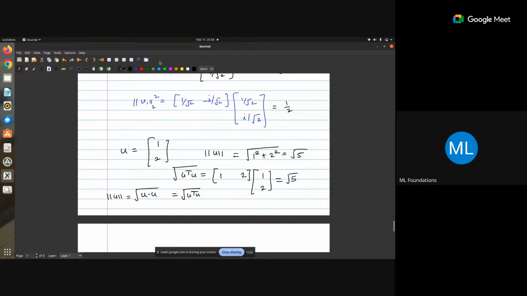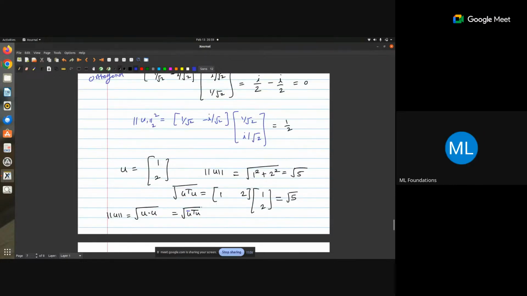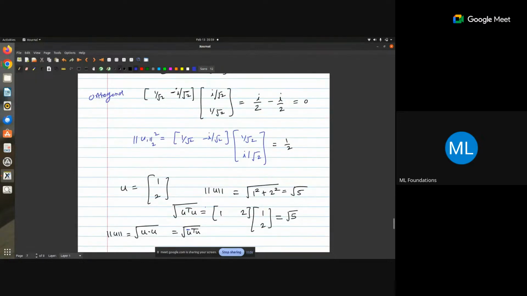Instead, you have to take the conjugate, u bar transpose, right? Because if you just multiply it, you'll get the answer 0, so that is what we have to avoid in the complex case.